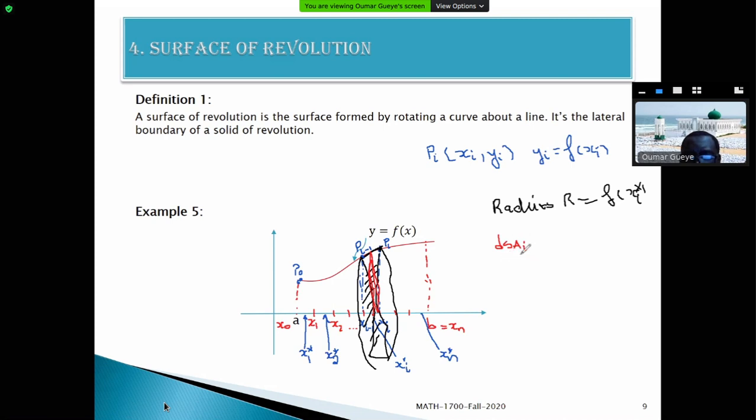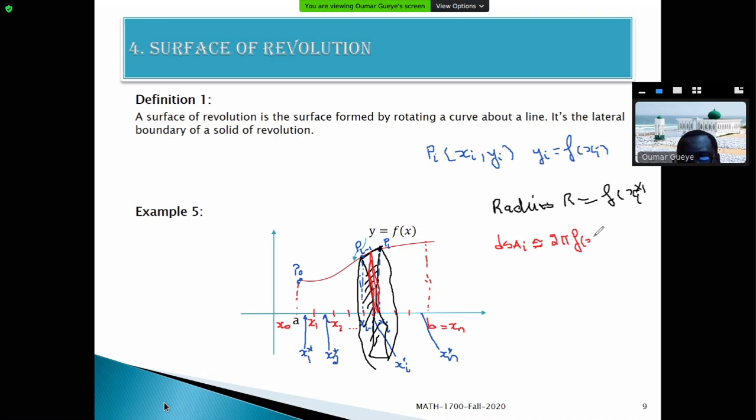This is the surface area obtained from the rotation of the portion joining pi minus 1 and pi. It's very close to a cylinder or a disk, and that's why it is going to be approximately equal to 2 pi times the radius, and the radius is equal to f of xi star.